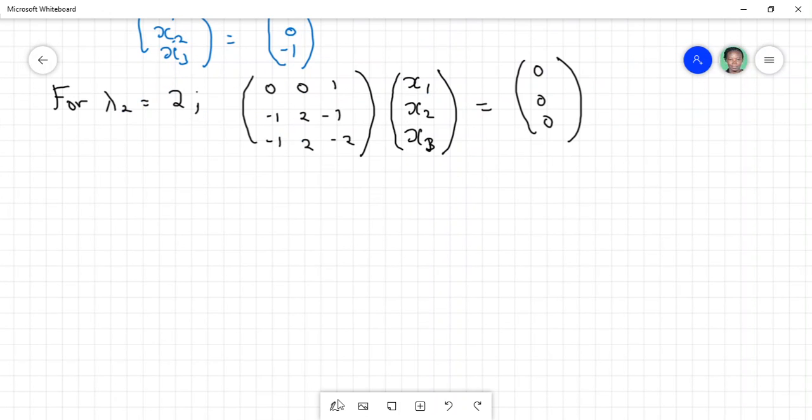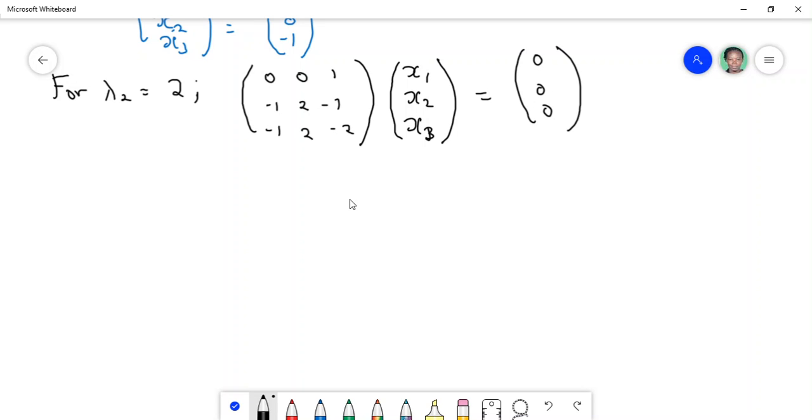So let's look at it. From here, for the first part, we have x3 to be equal to 0. Then for the next part, we have minus x1 plus 2x2 minus x3 to be equal to 0.